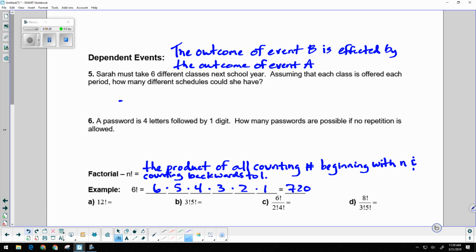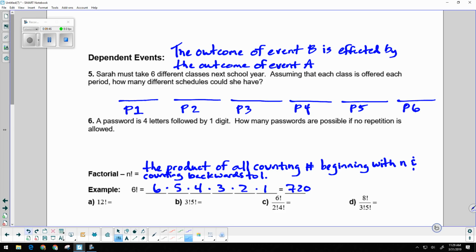So let's do this. There's going to be 6 blanks. Period 1, I'll just write P1, period 2, period 3, period 4, period 5, and period 6.